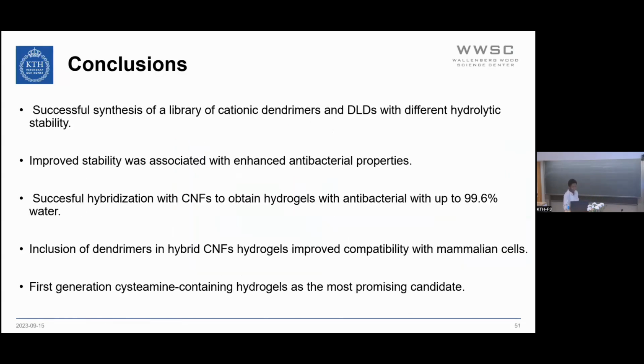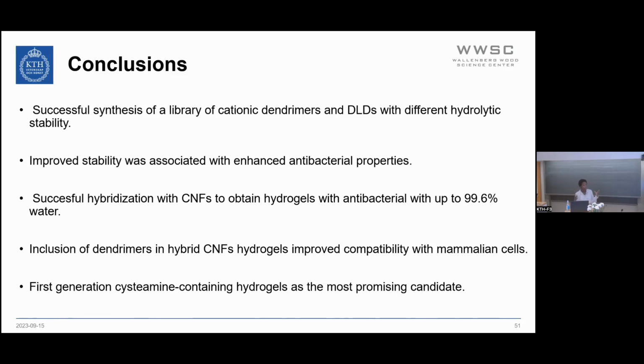To conclude, I want to say that we successfully made a library of both dendrimers and DLDs. We also saw that the increased hydrolytic stability did enhance the antibacterial activity, but at the same time, I want to emphasize that they're not toxic at the concentrations at which they're active.